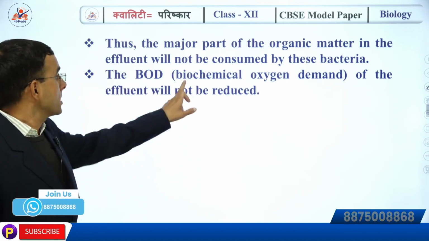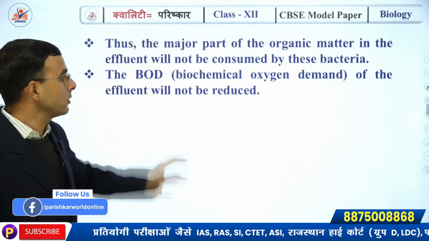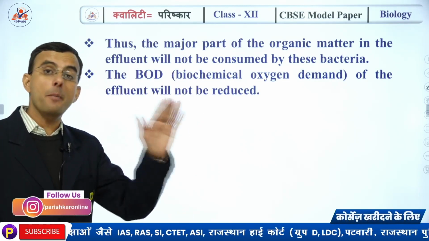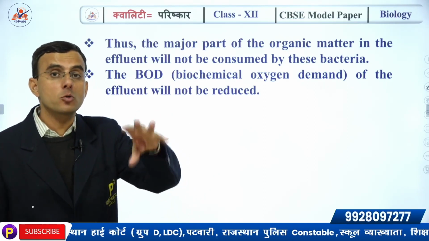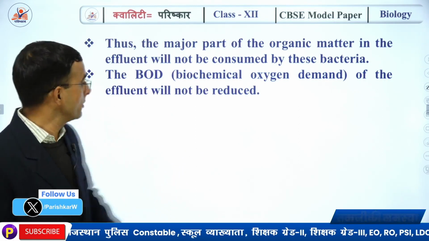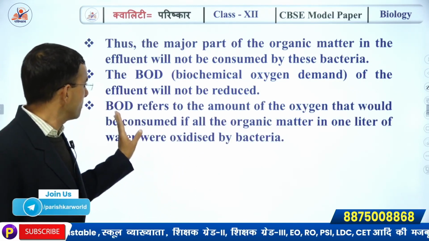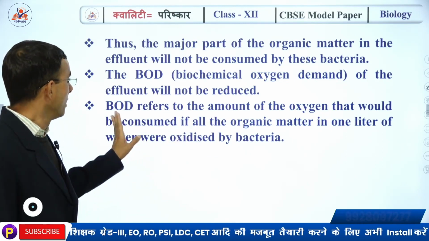Because of this reason, the biochemical or biological oxygen demand of the effluent will not be reduced. It keeps on increasing because the oxygen is not available to that particular bacteria to act on this organic food.